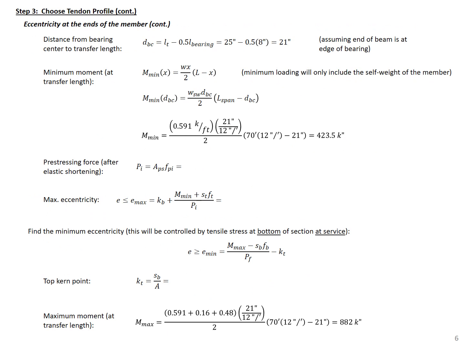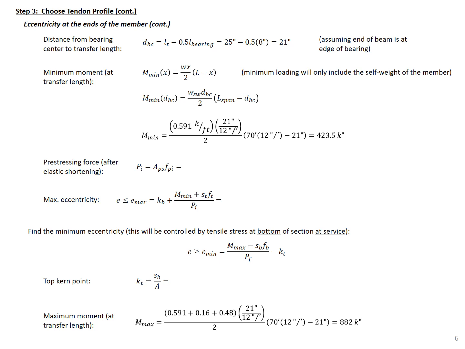We're going to find our minimum and maximum allowable eccentricities at the location of our transfer length, so we need to figure out where that is along our beam. Our beam extends to the end of the bearing, and we're going to assume that the center of our support is at the center of our bearing.